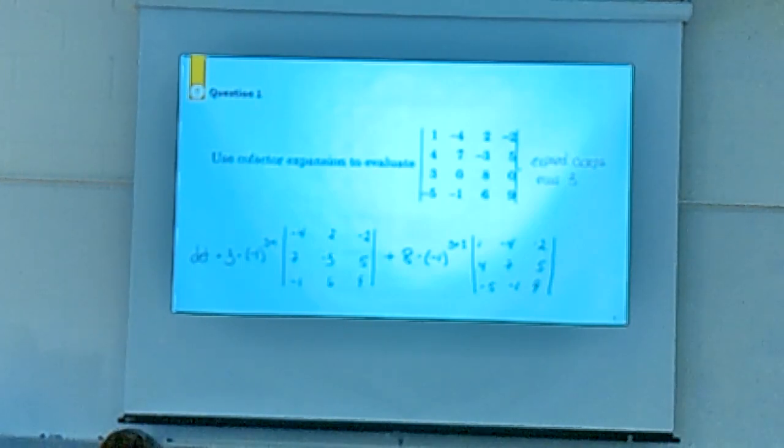Minus negative 2 times 7 times negative 5, 70. Minus negative 4 times 9, 4 times 9, 36. 36 times 4, 144.